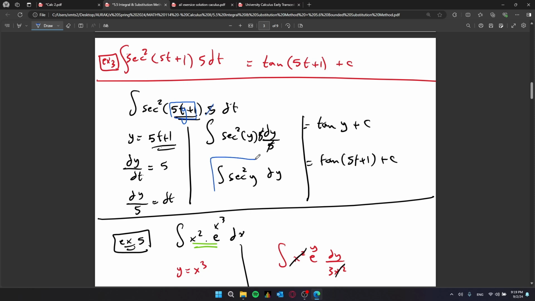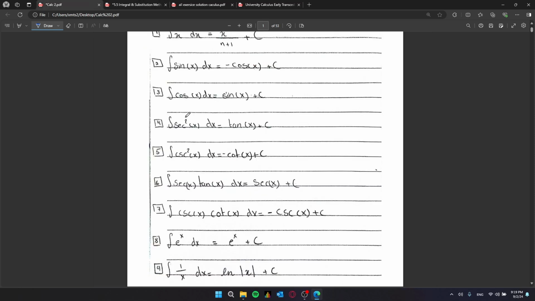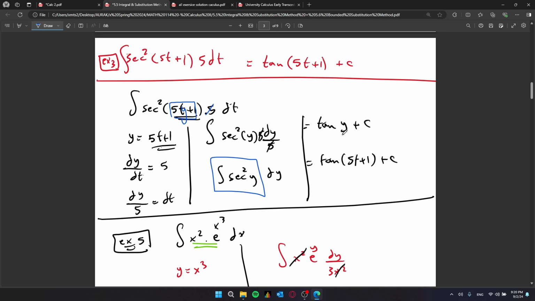So you're going to end up with secant squared of y, which is the same as secant squared of x. So you can just instantly integrate it into tan of x, or in this case tan of y, but at the end you need to make sure that you turn back the y into what it was originally, which is 5t plus 1. You would put it back here, because the question started in terms of t, so it has to end in terms of t.